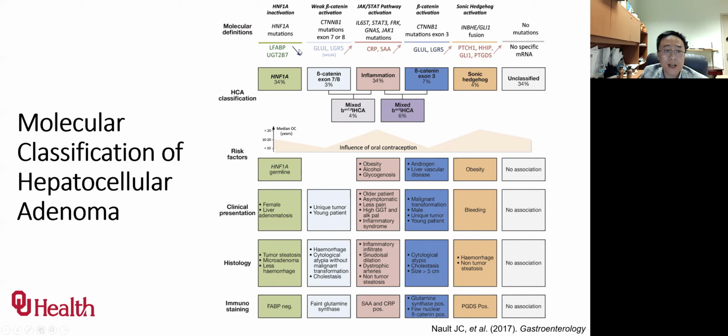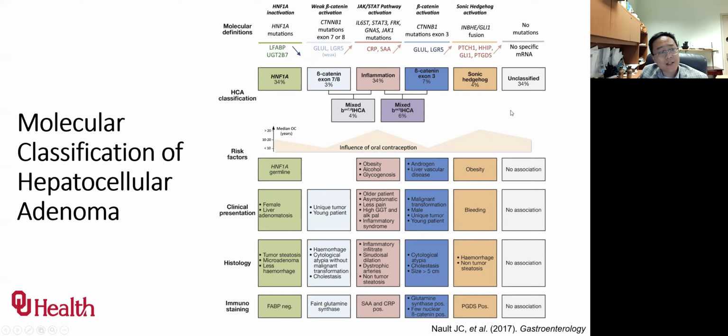As you can see, it includes some of the previously known hepatocellular adenomas with characteristic histological features, such as hepatocyte nuclear factor inactivated hepatocellular adenoma, inflammatory type, beta-catenin exon 3 mutated type, and unclassified type.